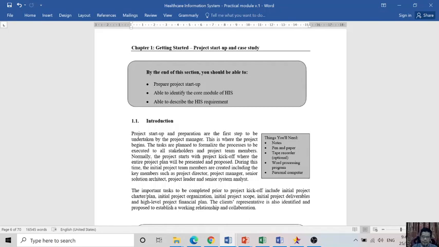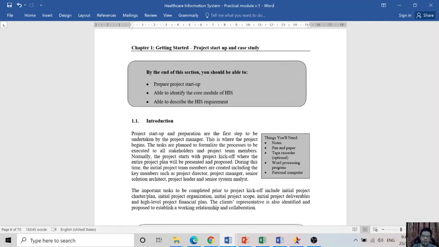Healthcare information system is very big, so what I want you to understand is the process flow of a simple process when the patient visits the clinic or the hospital. What are the modules that we can derive from each department when the patient visits the hospital or clinic?